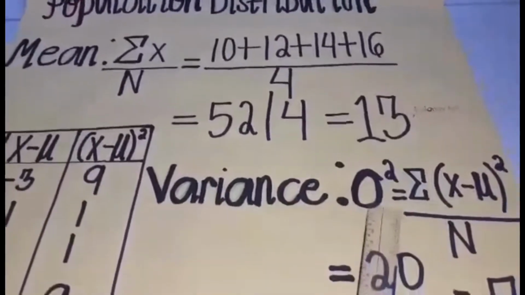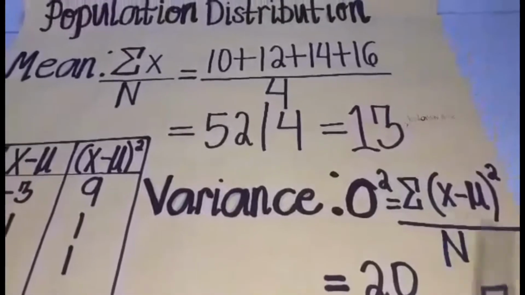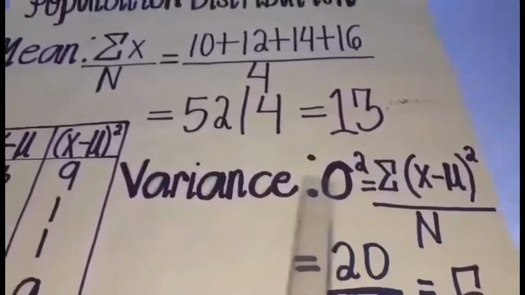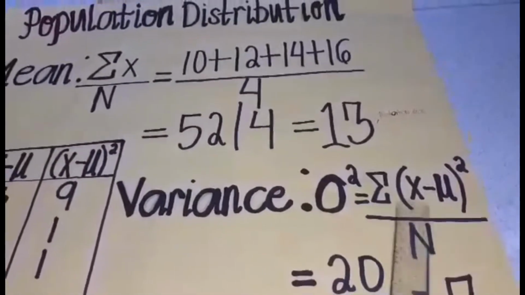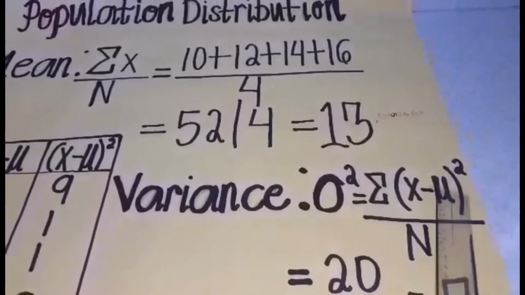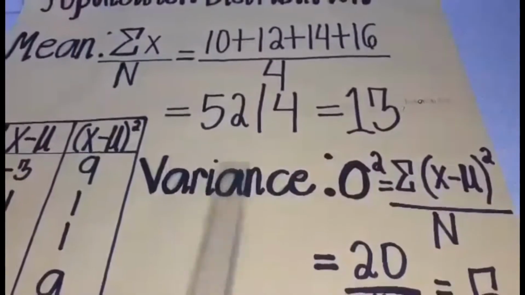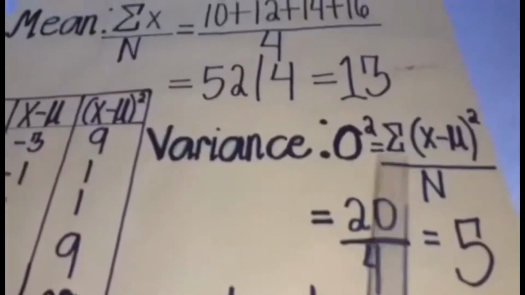Sigma squared is equal to the summation of the quantity x minus mu, quantity squared, all over N, which is our population size.